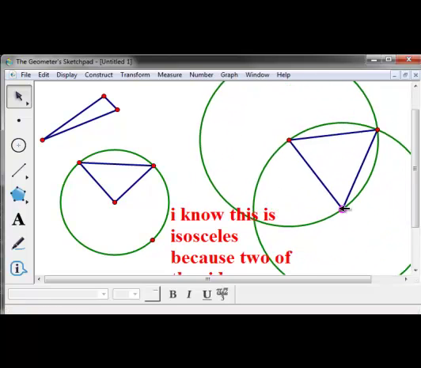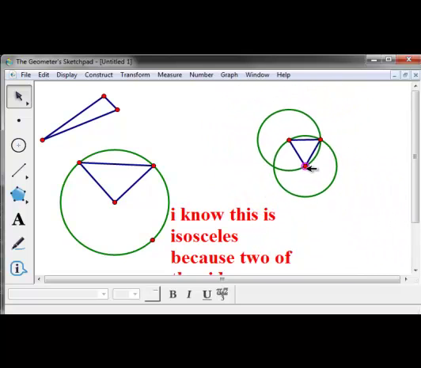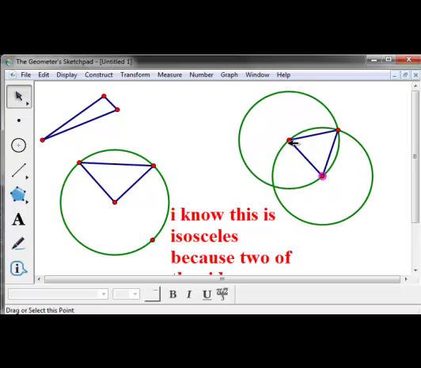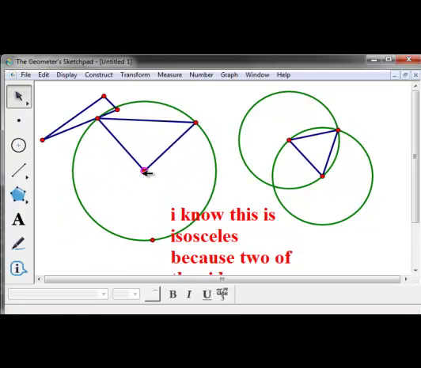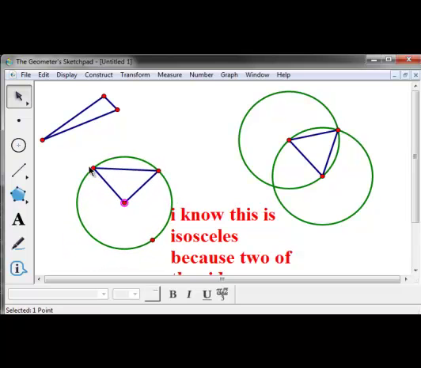When I pull the independent point on this triangle, this point doesn't move because it's independent, but this one does. Conversely, if I move this one, these two points move because they're both dependent on this.